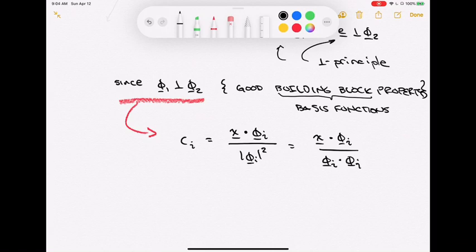This is exactly what we saw for the case when we only had one building block. Here, if I have two building blocks, I can get each of those coefficients individually, because the building blocks themselves are orthogonal. We will take a look at a later lecture at a case when the building blocks are not orthogonal and why things might look a little bit different.